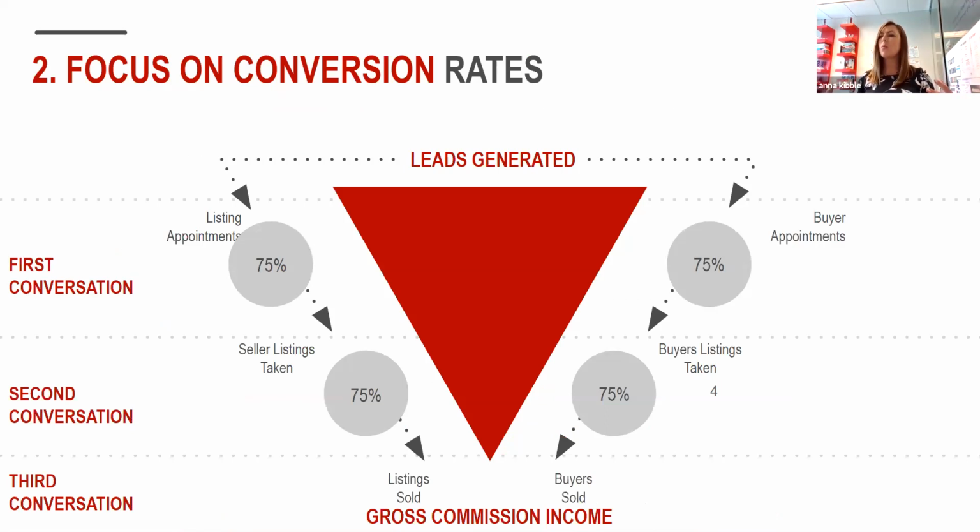When we are working from somebody being a lead, to having an appointment, to actually having an agency agreement, to actually becoming a sold property. And so inside of each of these steps, there's a conversion rate. So we start at the top here with how many leads are we generating inside of our business, right? From there, we can see how many turn into listing or buyer appointments.